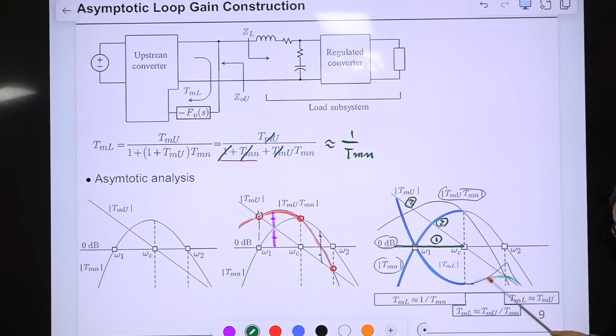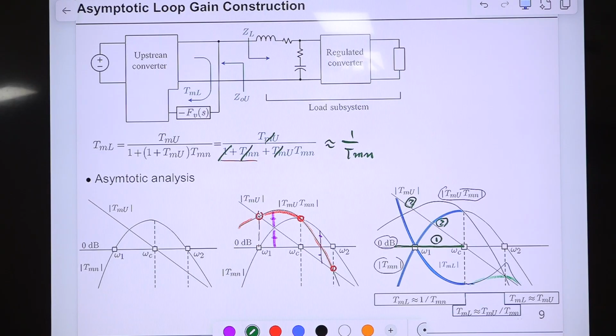And in between, you want to connect this one, but there is a peaking. Okay, it always occurs. I'll explain the origin of this peaking. Then probably you want to sketch like this.